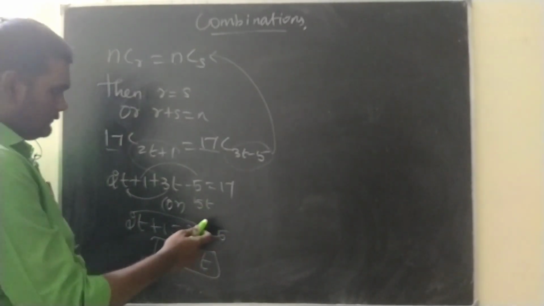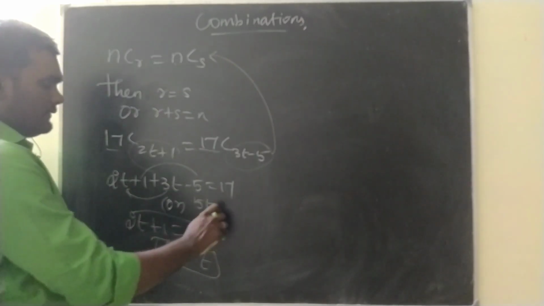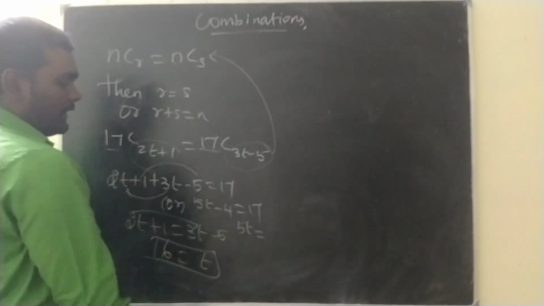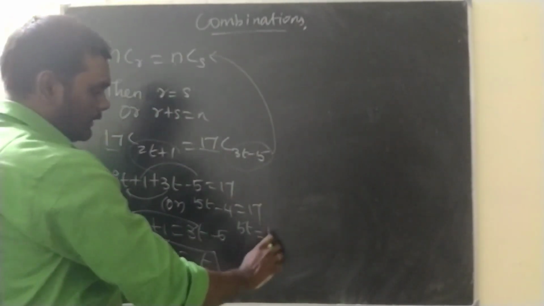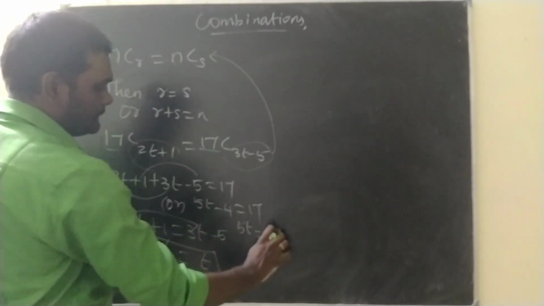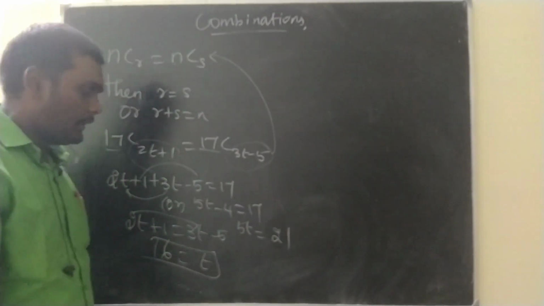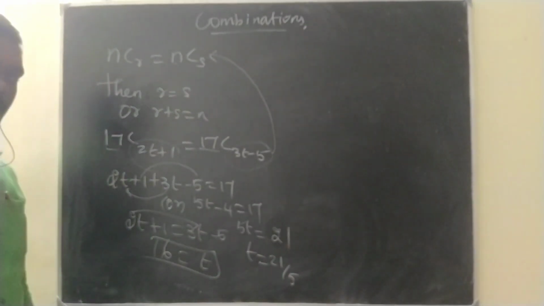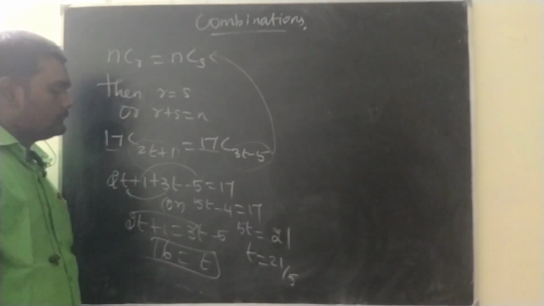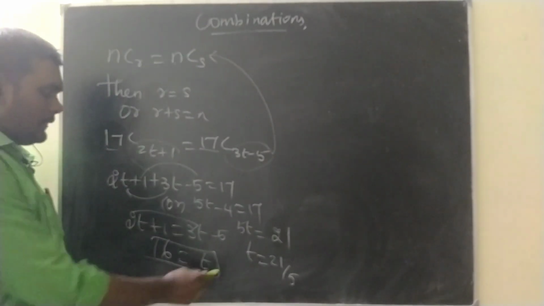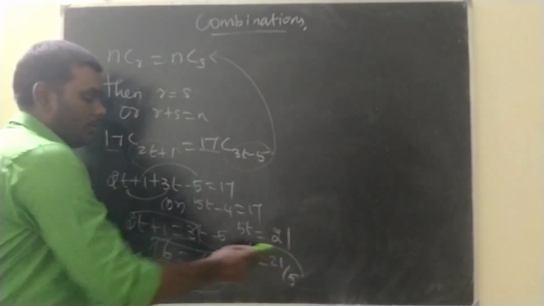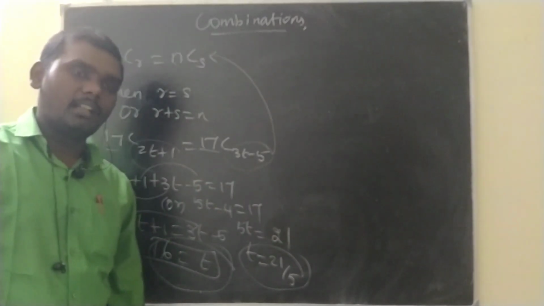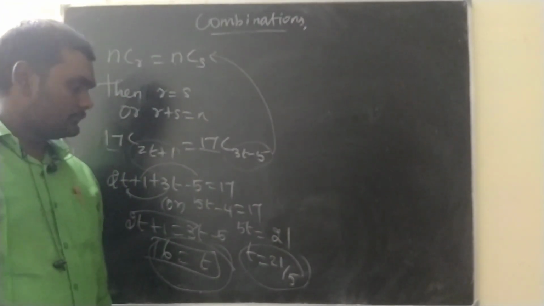Minus 5t plus 5t minus 4, that is 17. 5t equals 13, not 13, sorry, 21. This minus 4 goes to the other side, plus 21. Then t equals 21 by 5. Which one will we take? t equals 6. This fraction will be omitted, because as these are number of terms, this cannot be a fraction. That is why. Okay. Clear?